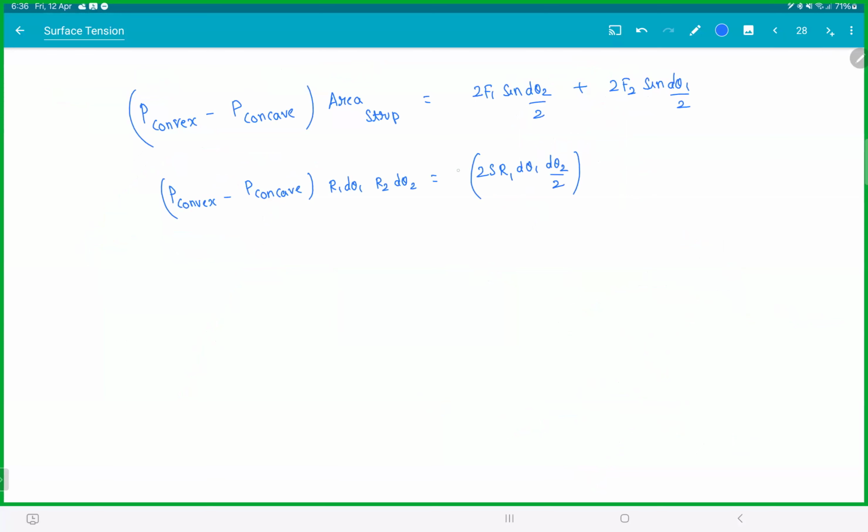Plus 2 into 2S R2 d theta 2; for small angles, you can write this as d theta 1 by 2. So P convex minus P concave, you end up with the 2s cancelling: 2S into 1 by R1 plus 1 by R2. That's your formula.